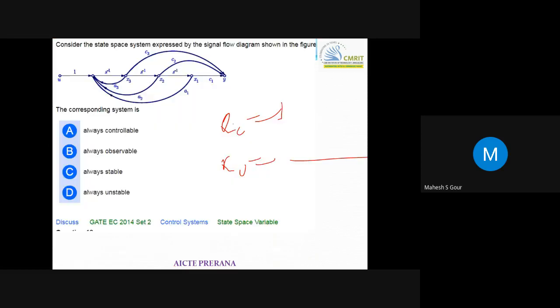So now, out of these four options, which is more accurate? Okay, C and D are wrong, right? Because stability is not described here. So now A and B, out of the two, which is more thorough or more accurate?